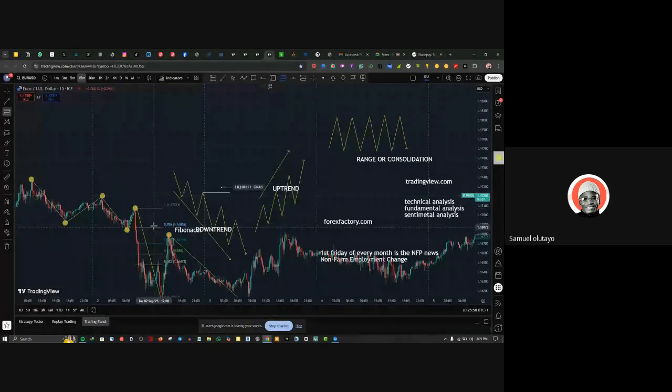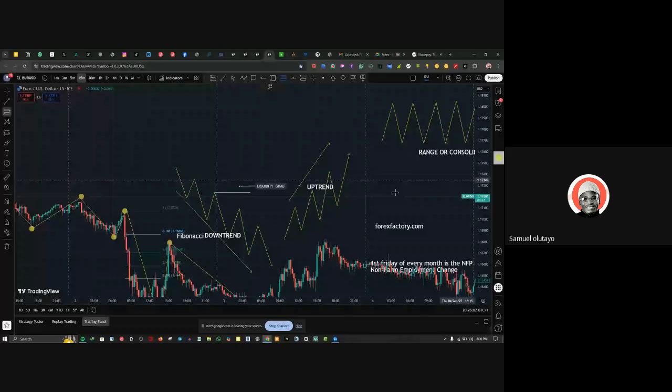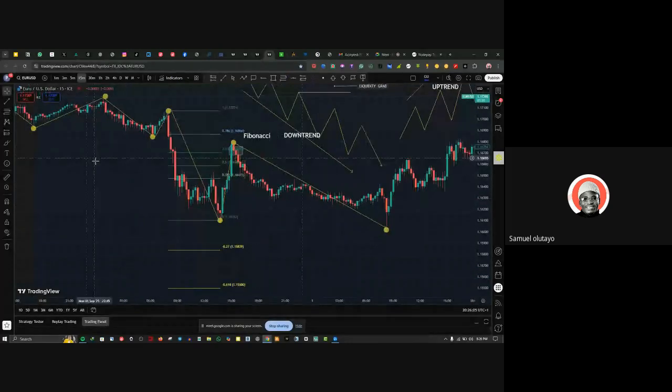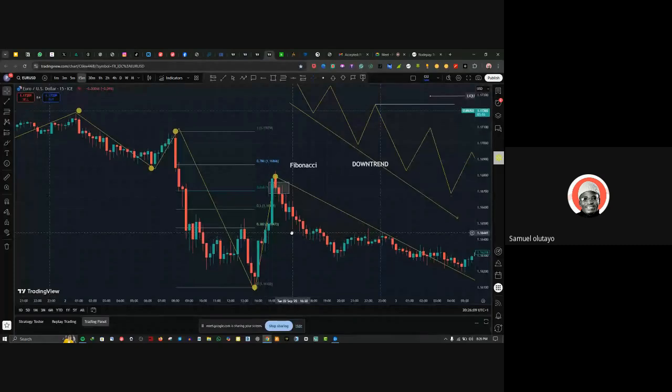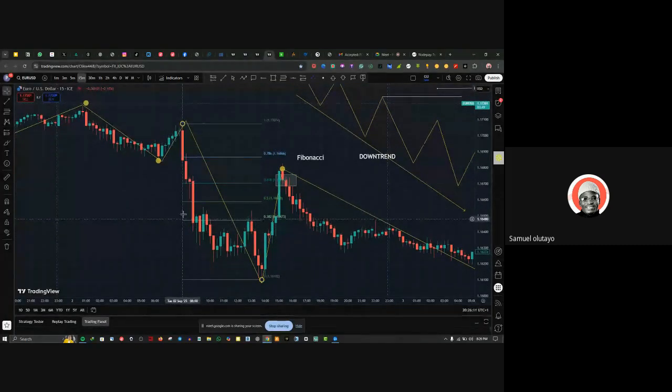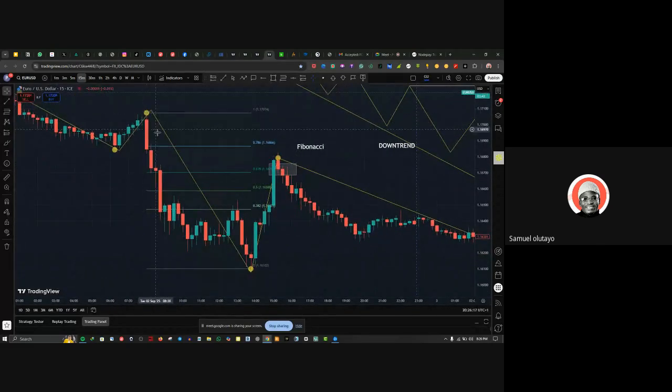That's why I was explaining the different levels. If you have a downtrend and an uptrend, this was the fib retracement tool. If you remember from the last class, we look at these levels where price is likely to reverse or change direction. This, for instance, is a very long pullback, this particular line.